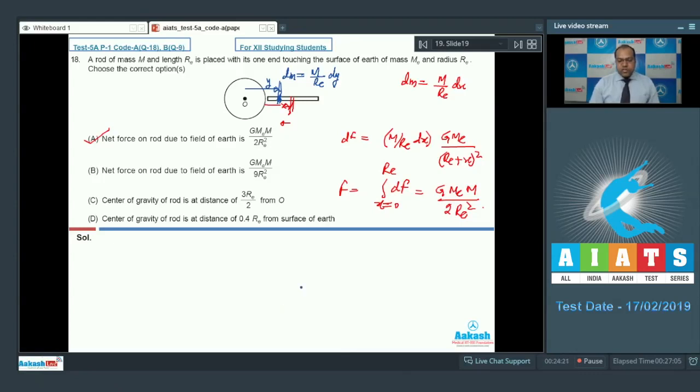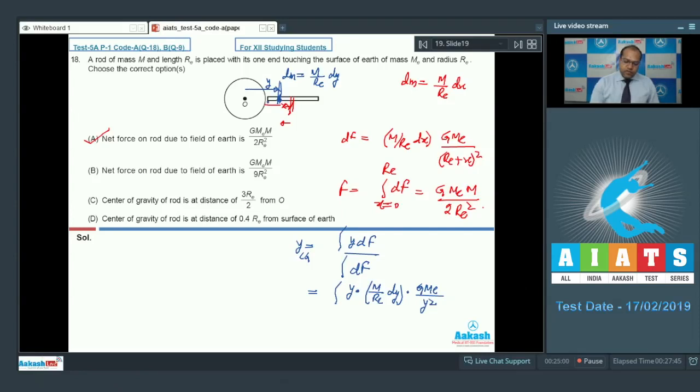So we know that the center of gravity, which is different from the center of mass, has its coordinate y found as the integral of y dF divided by the integral of dF under proper limits. So dF is equal to dm, that is m by Re into dy, into the field at the location of the element due to the sphere, that is G Me divided by y square.